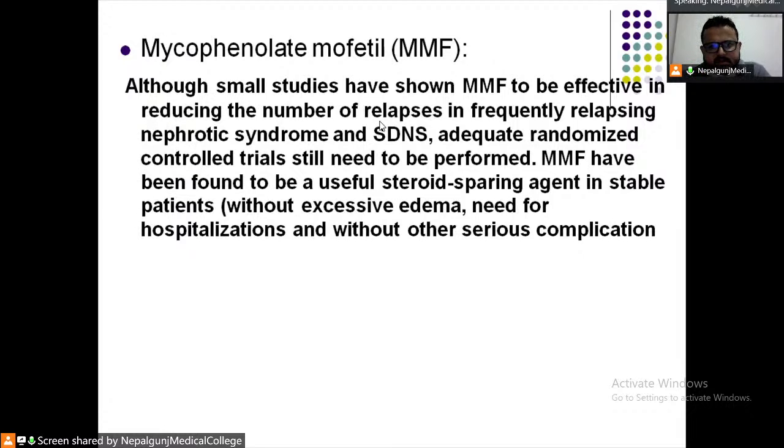Although small studies have shown MMF to be effective in reducing the number of relapses in frequently relapsing nephrotic syndrome and steroid dependent nephrotic syndrome, adequate randomized controlled trials still need to be performed. MMF has been found to be a useful steroid sparing agent in stable patients. Stable patients means those without excessive edema, need for hospitalization, or any other serious complication.